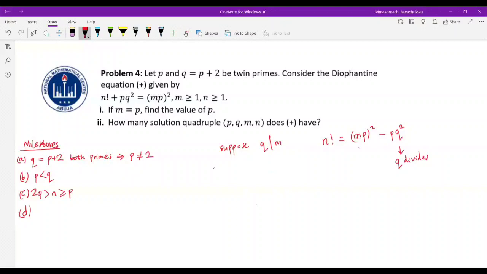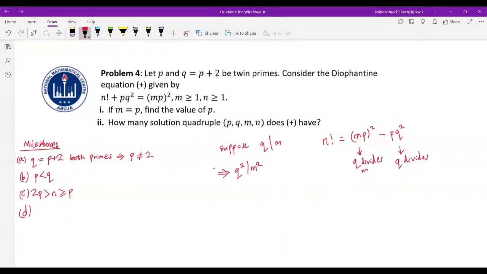So if q divides m, what does that imply? That q squared divides m squared.